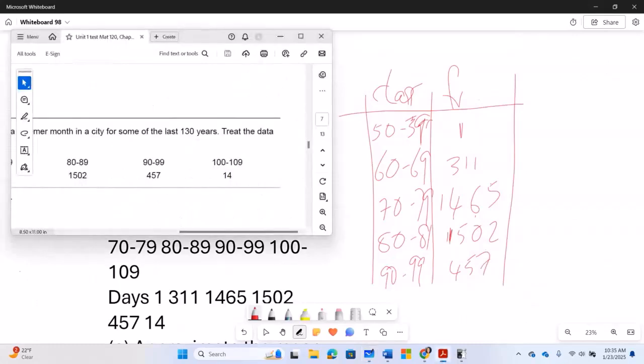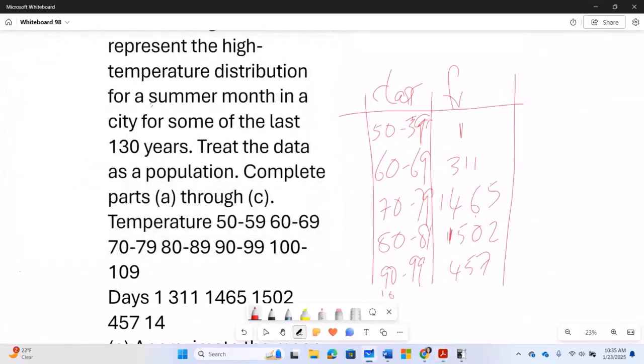And the last class, 100 to 109, has 14 days.